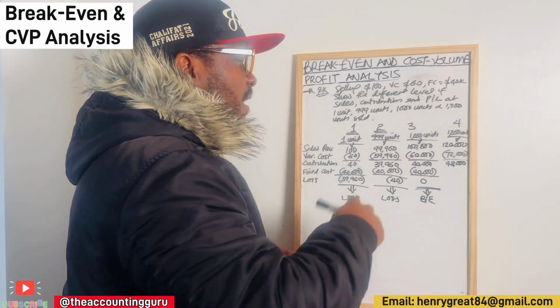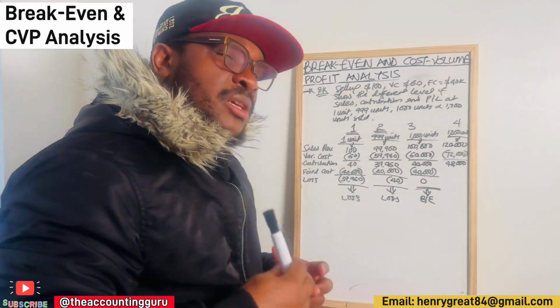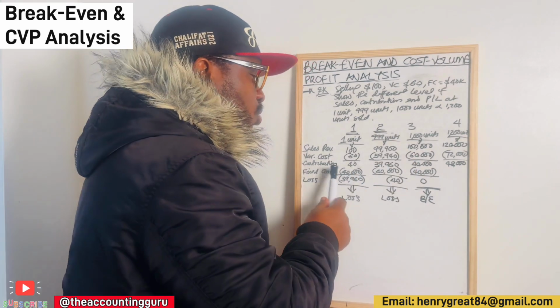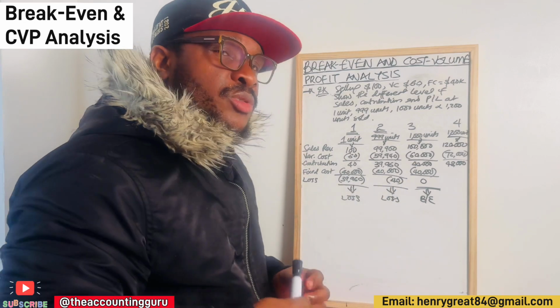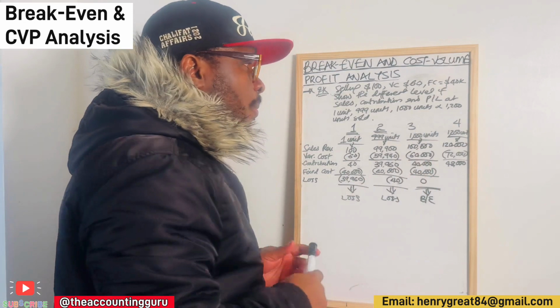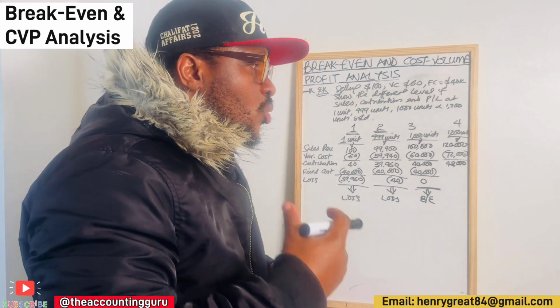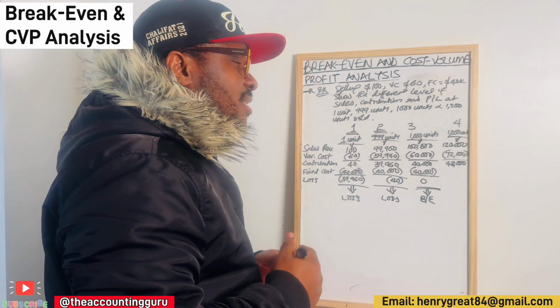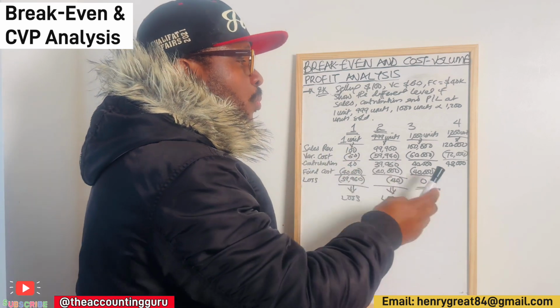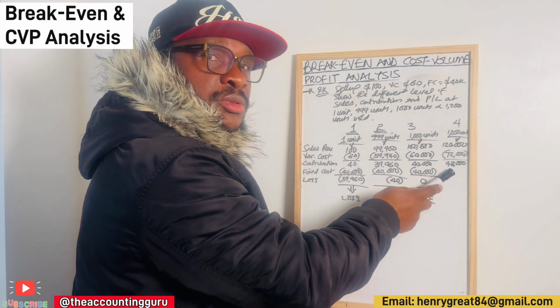Please look up. In level 3, where break even was achieved, we had contribution of $40,000. In level 4, where extra 200 units were sold, we are having an extra contribution of $8,000.